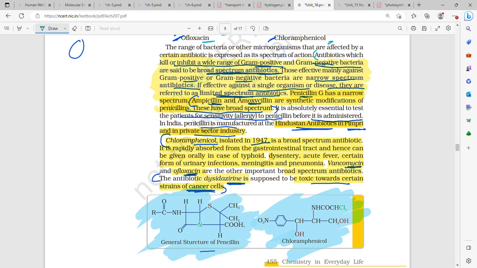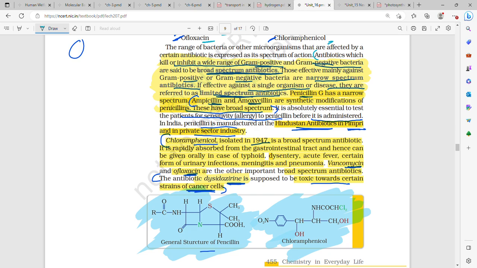Those which mainly affect a single gram-positive or gram-negative bacteria, that is, effective against a single organism or disease, are referred to as limited spectrum or narrow spectrum antibiotics.